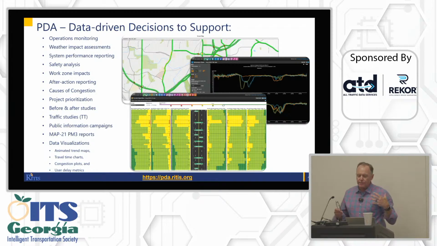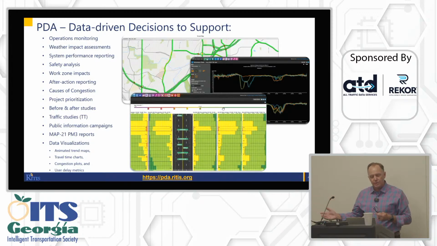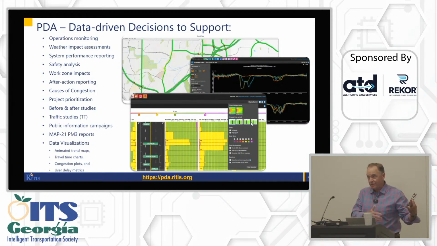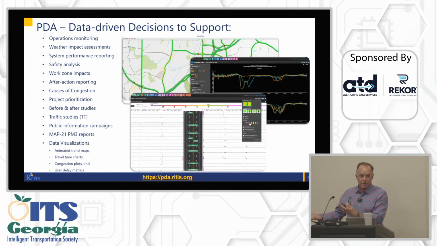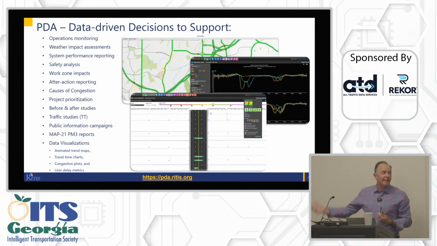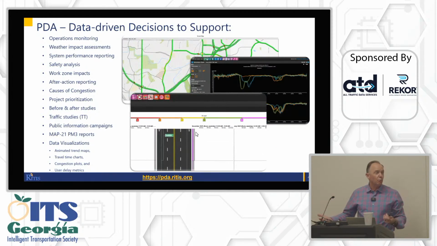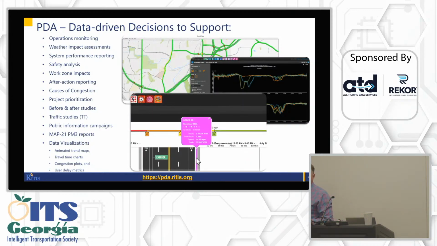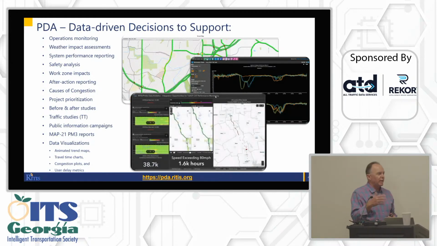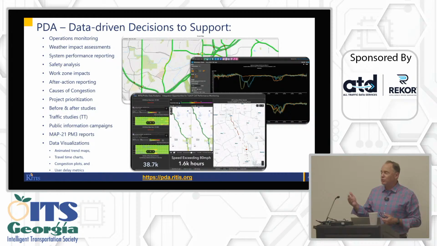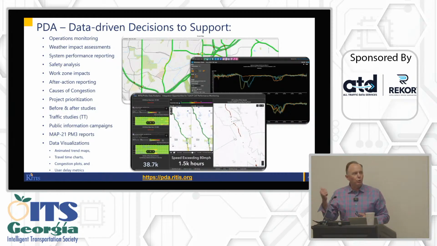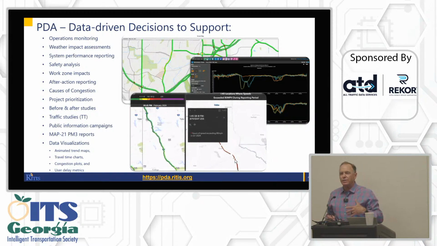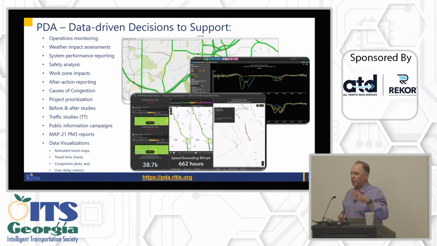PDA, probe data analytics, is this collection of tools that allow you to query spatially and temporally probe speed data for any road during a certain time and get data-driven insights into what's happening on your roadway to help support your business and answer questions, whether you're in planning, operations, or maintenance, maybe you're doing research work. The tools help provide insights into reliability, and maybe you need some information to help validate your project prioritization.